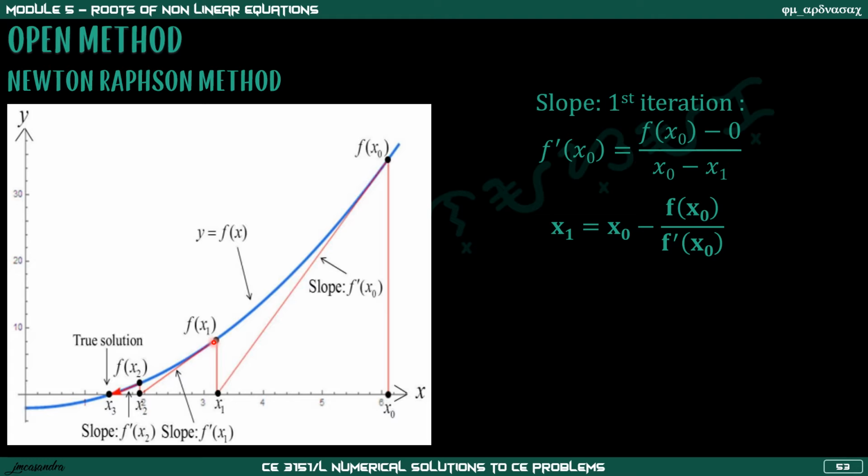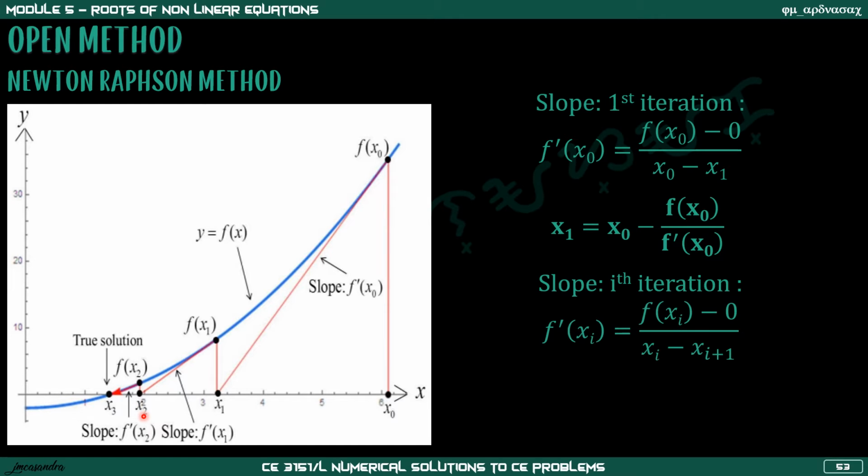Next, as we move on to our next iterations, we will have the derivative, the function of the ith iteration, almost similar to the equation of the first iteration, except that the function here is for the value of x of the ith iteration.